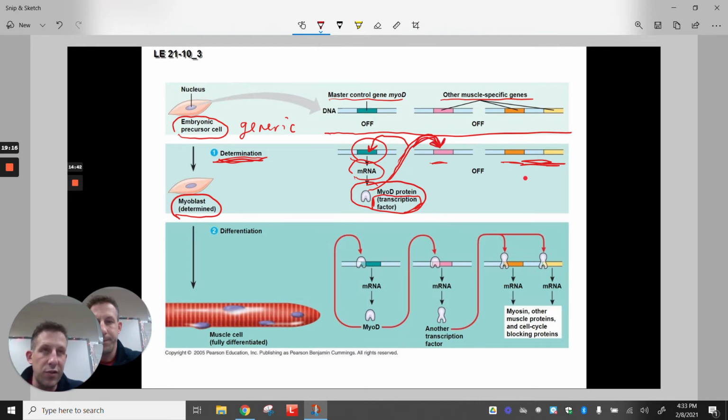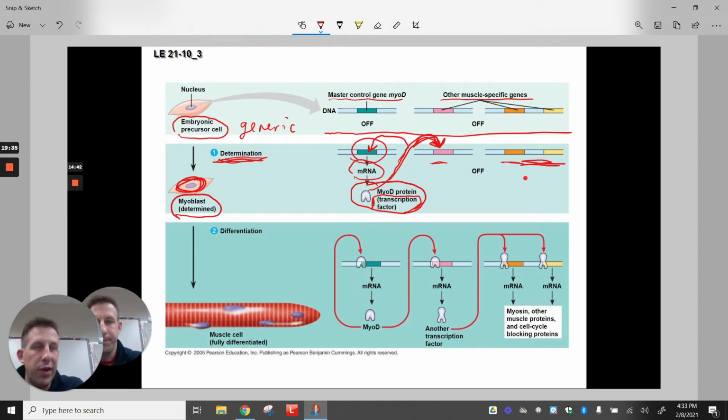This guy's trying to make proteins and things like that he can put into his cell body and ultimately become a muscle cell. That's what his ultimate goal is, right? And so we see that flow down here.